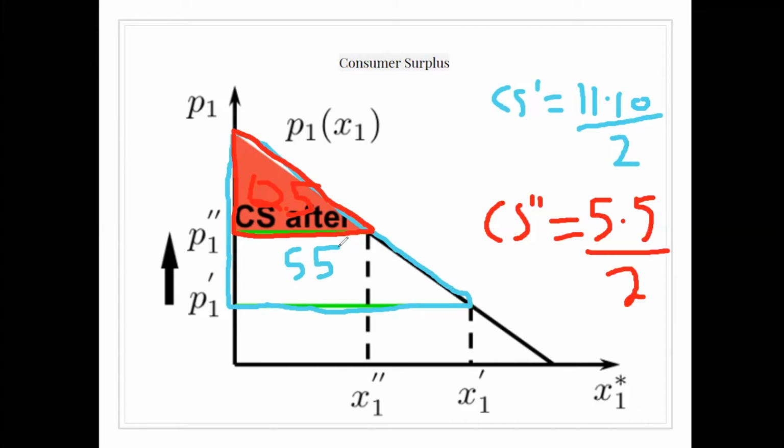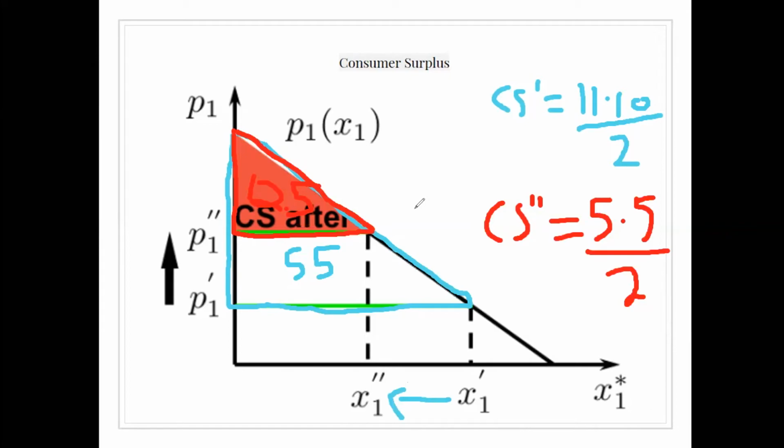And this is why, when you decide to increase the price of a good that your firm produces, you need to understand how it will affect your customers. It will undoubtedly reduce the number of customers as it passes from X1 prime to X1 double prime, but it also decreases the consumer surplus they have.